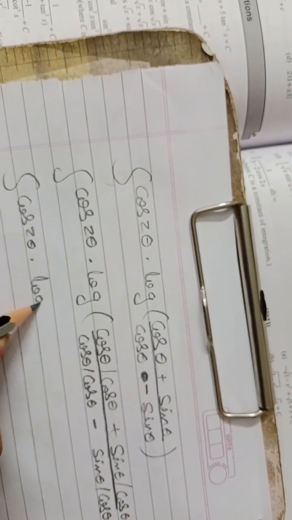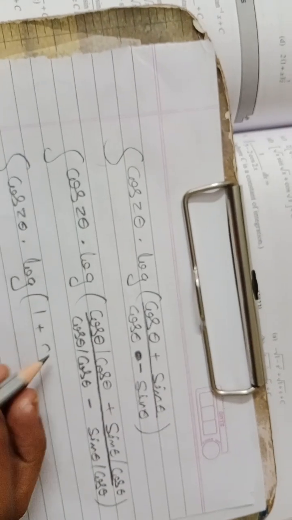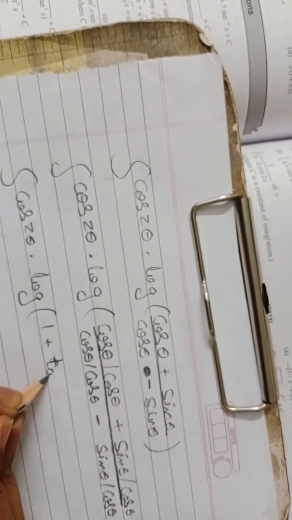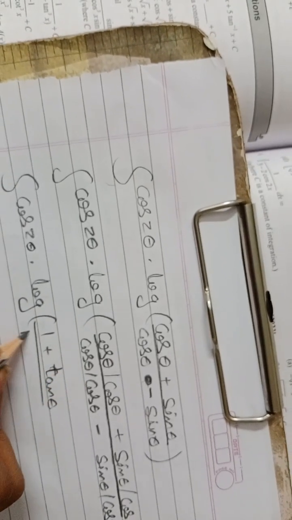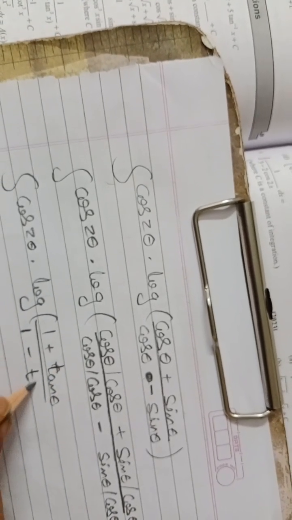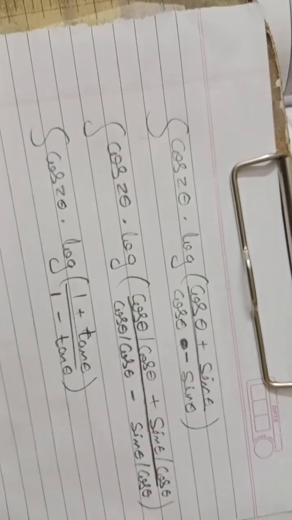That gives log of 1 plus, so sine over cos is just tan, and this is again 1, cos over cos, minus tan. This is a simple trigonometric identity.